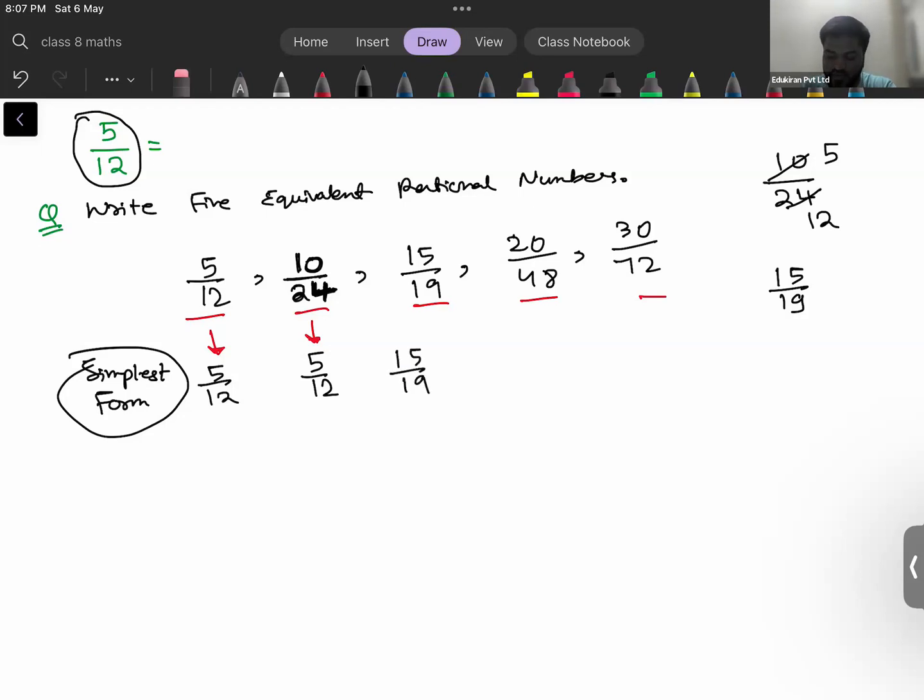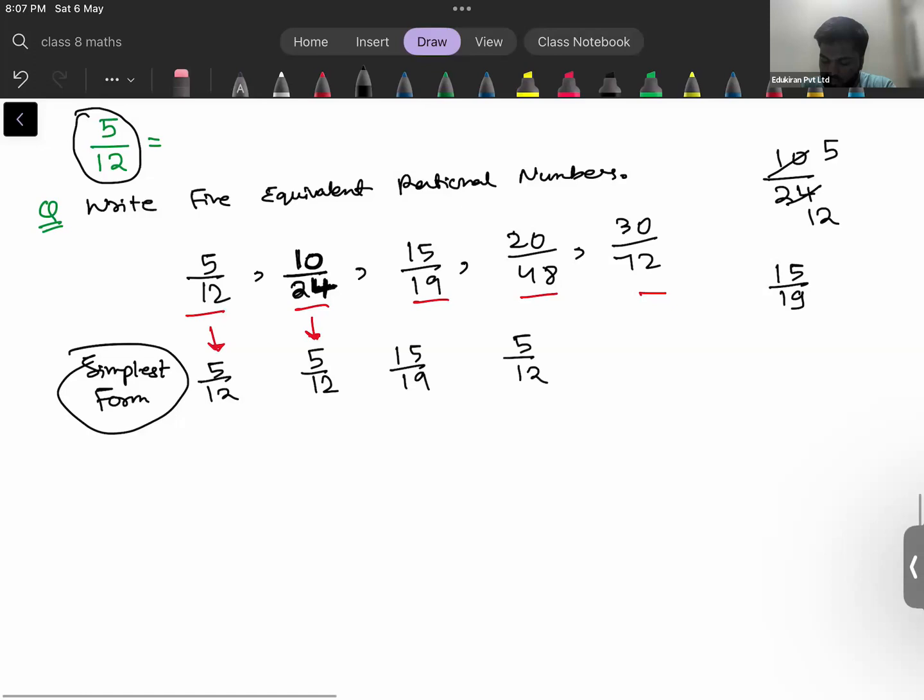What about 20 upon 48? That is 5 upon 12. What about 30 upon 72? That is also 5 upon 12, sir. Okay. So what did you observe here? Equivalent fractions. Which of these are equivalent fractions and which one is the odd one here? 15 upon 19 is the odd one here.